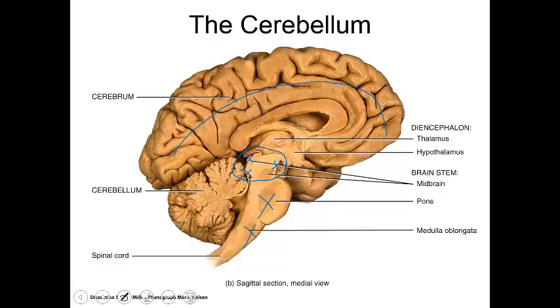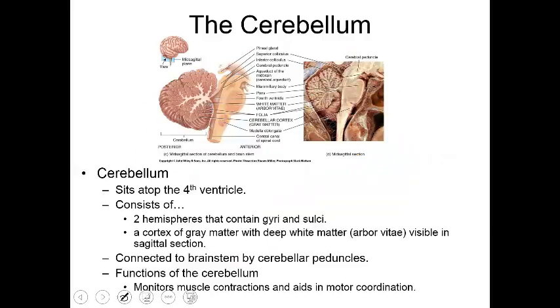The next structure we're going to look at is inferior to the cerebrum and posterior or caudal to the brain stem, and it is this guy right here, the cerebellum. Now the cerebellum sits kind of on top, so if you see the fourth ventricle, it's sitting on top of that fourth ventricle, and it consists also of two hemispheres.